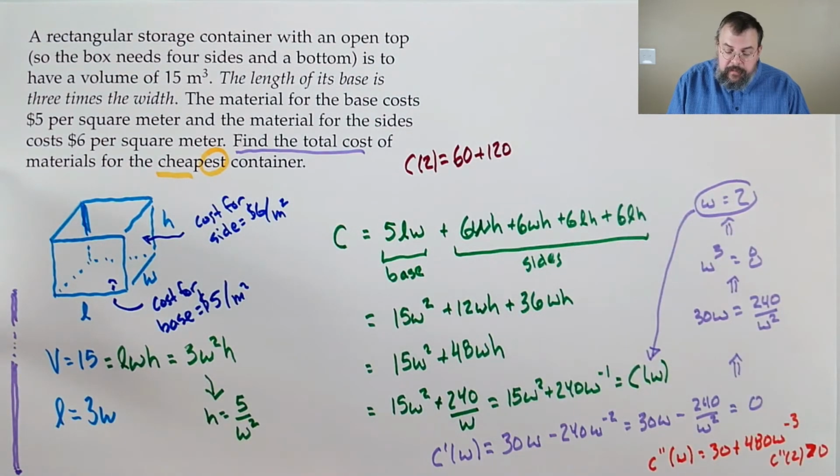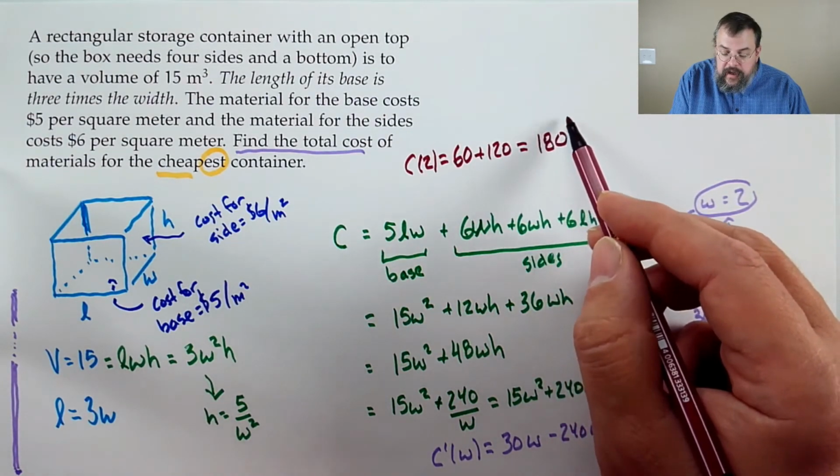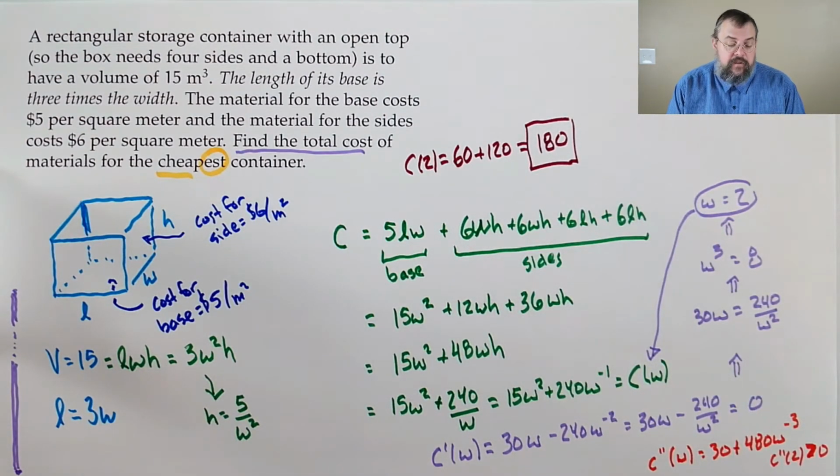All right, 60 plus 120 gets us to 180. So that is how much it's going to cost to make ourselves a box which has a volume of 15 cubic meters, where the length is 3 times the width, there's no top, and it's as cheap as possible.